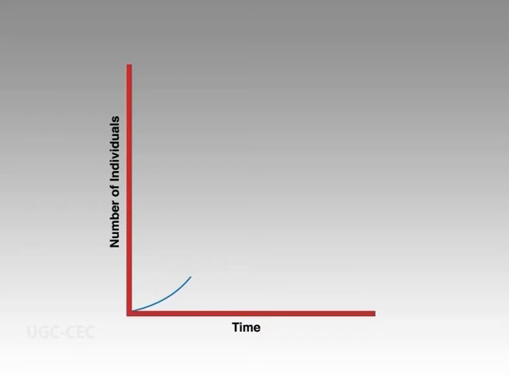The initial phase of slow growth is called lag phase. This initial phase of slow growth is followed by a phase of rapid growth, which is called log phase, and this log phase is characterized by gradual enhancement in the size of population.